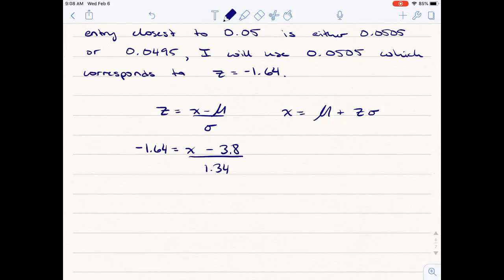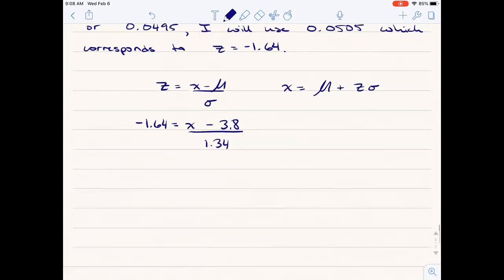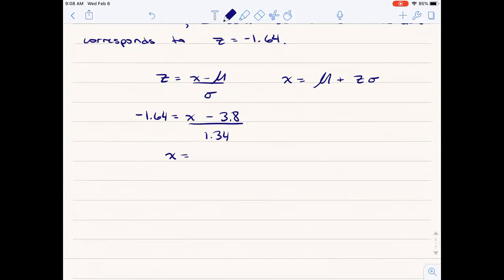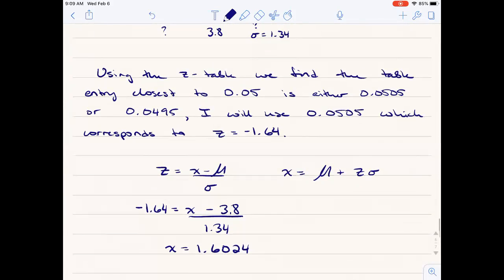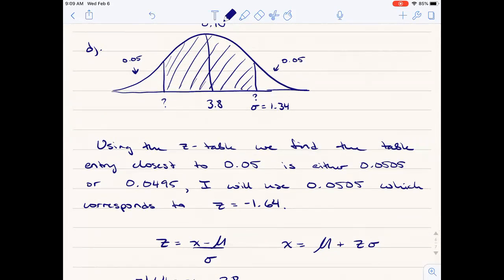Negative 1.64 times 1.34 plus 3.8. I get an x of 1.6024. But if you guys can double check it. So what we've done is found that this cutoff here is 1.604 miles per hour.